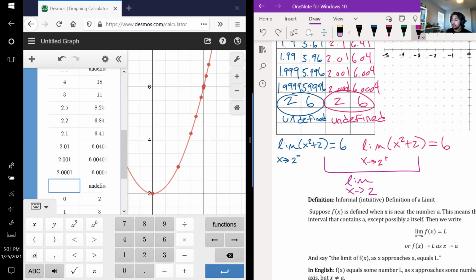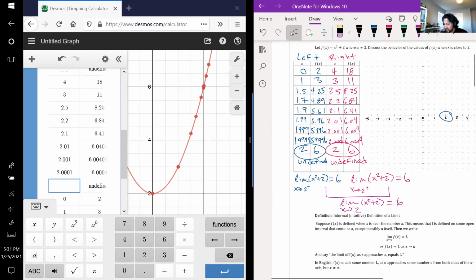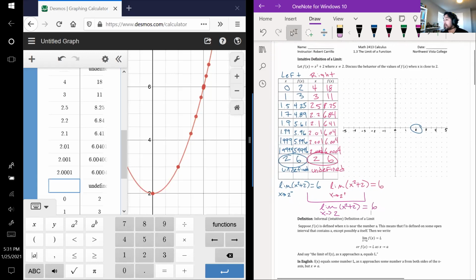So what we're going to say is the limit as x approaches 2 from both sides of the function x squared plus 2 is also equal to 6. And this is only because the left-hand limit is 6 and the right-hand limit is 6. Therefore, our limit exists. And there you go, guys. That is as informal as you're going to get for the definition of a limit.